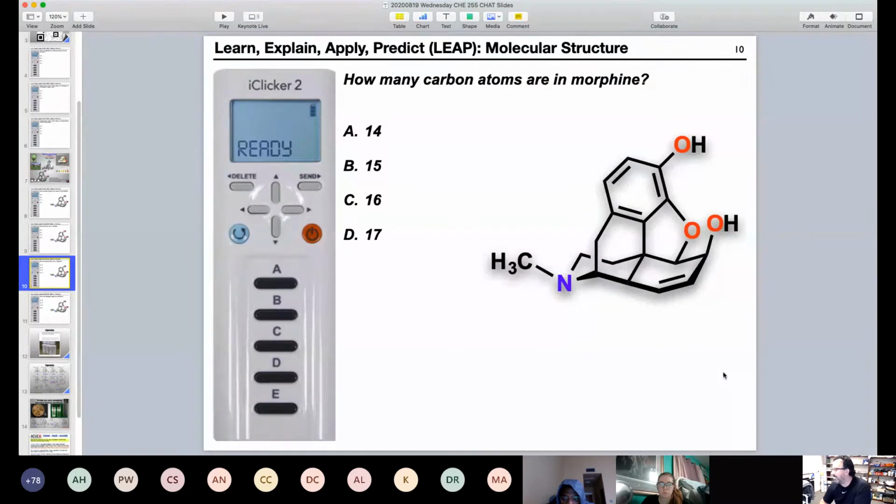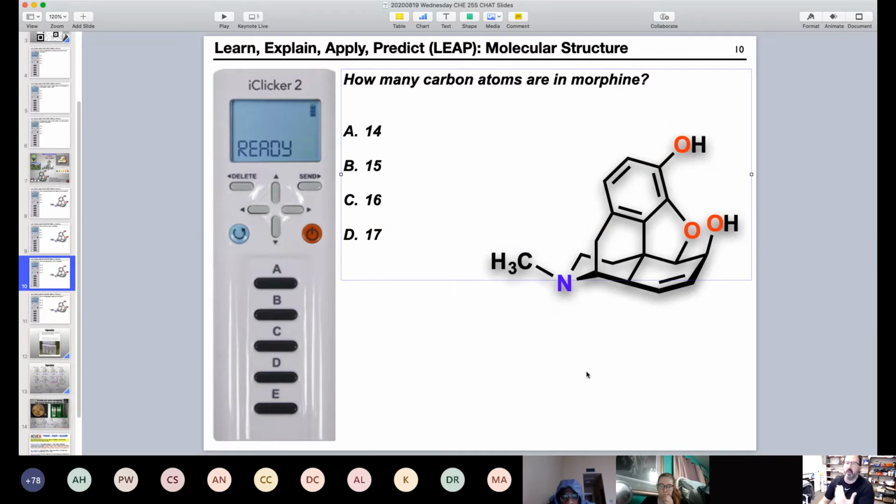I see a lot of C's and D's. I believe the answer is D, it's 17. The easiest way to do this, in my opinion, is to draw the molecule out and start counting, putting a number by each carbon: 1, 2, 3, 4, 5, 6, 7, 8, 9, 10, 11, 12, 13, 14, 15, 16, 17.